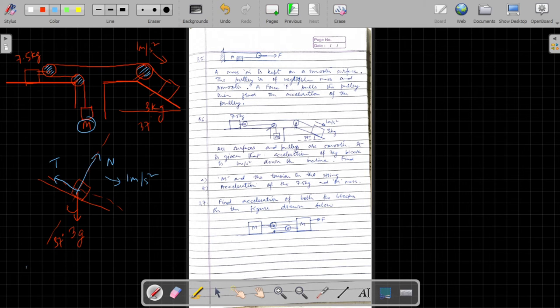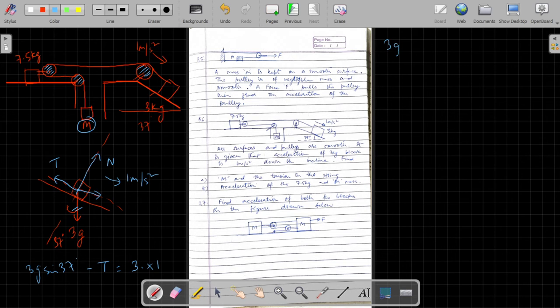So we'll say 3g sin 37 degrees, that is the component of gravitational force in this direction, minus the tension, the downward force minus the force along the incline, is equal to the mass of the block times the acceleration of the block, that is 1.